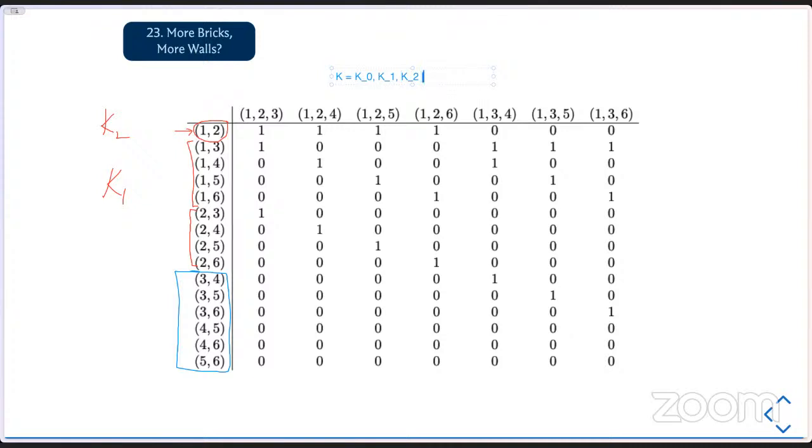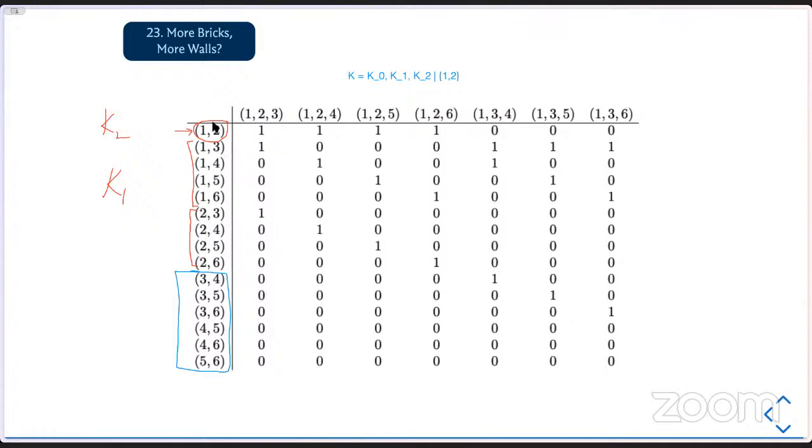If you overlap with 1, 2 at 2 elements, the only way you can do that is if you're 1, 2 yourself, then you go into K2. If you overlap with 1, 2 at exactly one element, which is either 1 or 2, then you go into K1. And if you don't overlap with 1, 2 at all, like the last 6 fellows here, then you go into K naught, as was just pointed out. Thanks. So that's the partition on the K side.